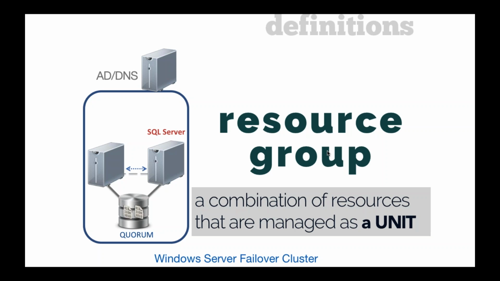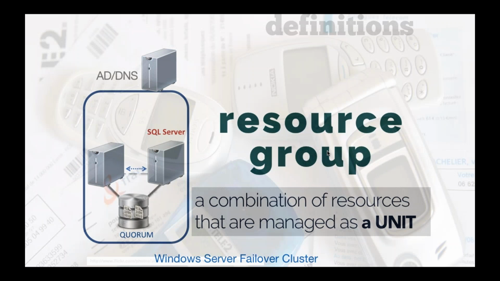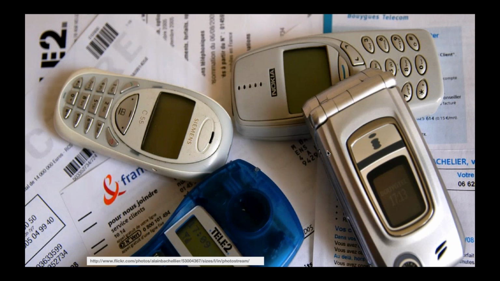I kind of think of them as your utility bill. You move to a different city, you take your cell phone, or your cable, or your internet subscription with you. You ask the service provider to move the service to the new location, but at the same time they're going to change the billing address.